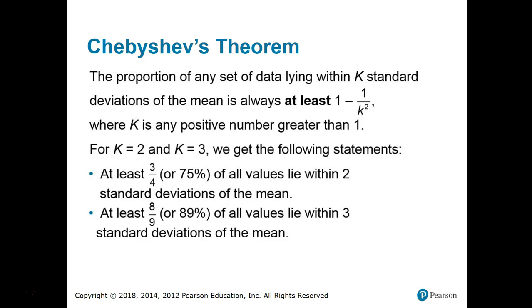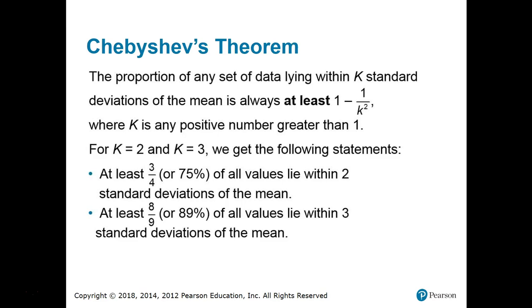Chebyshev's theorem says that the proportion of any set of data lying within k standard deviations of the mean is always at least 1 minus 1 over k squared. So that's at least, it's a limit. And k is any positive number greater than 1.